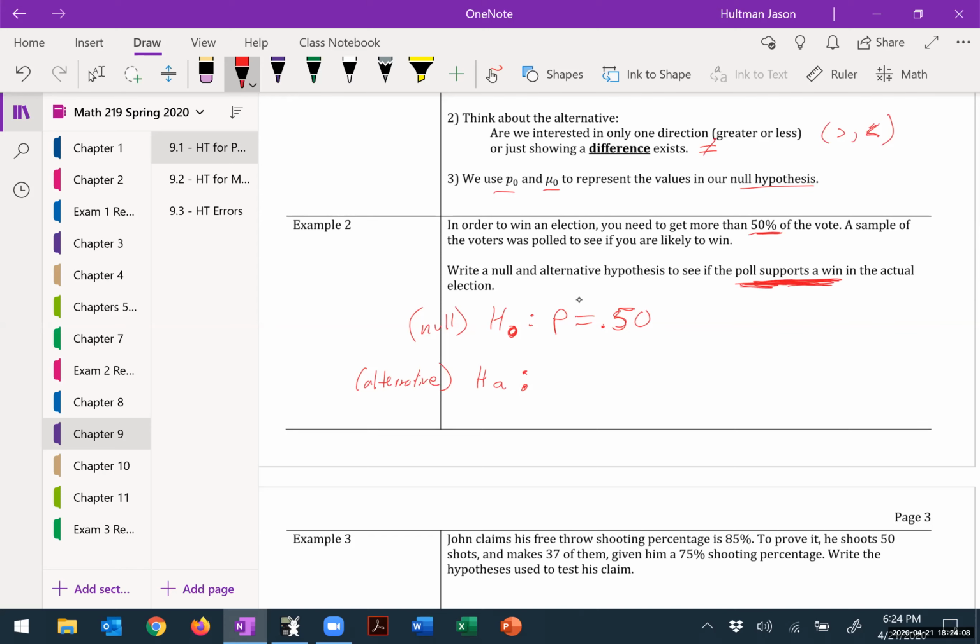That's what we're looking for. It's either equal to 50 or greater than 50, because greater than 50 indicates a win. We're looking for, is this a win or not?